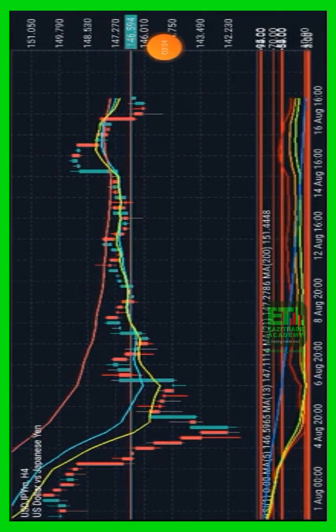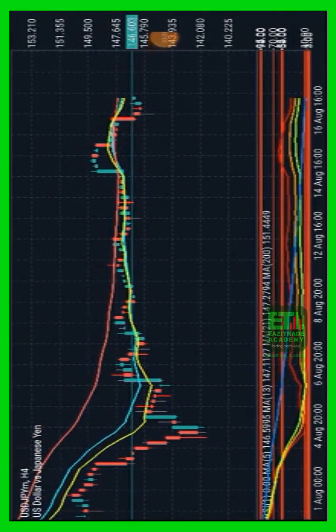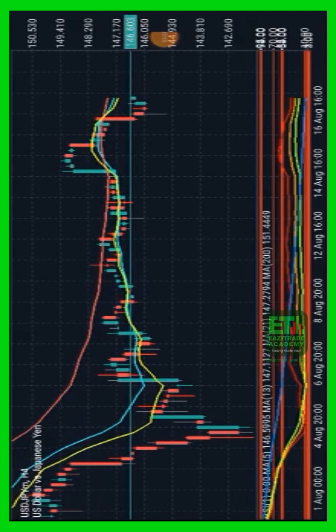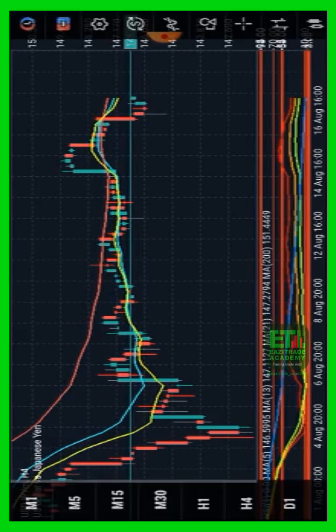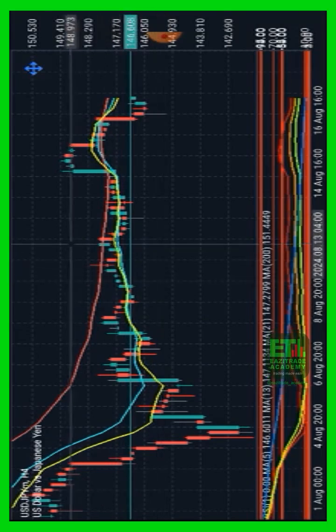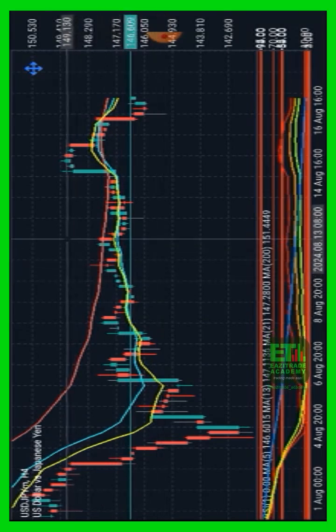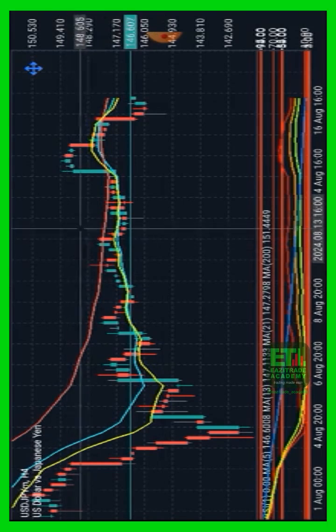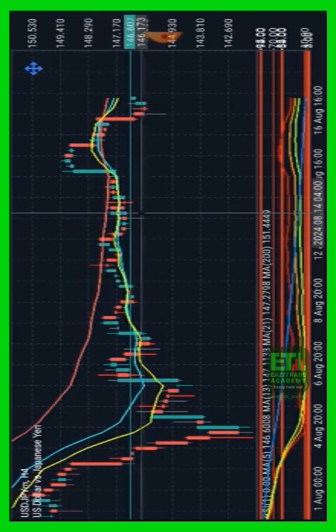This shows that the market is on a downtrend. It wanted to start an uptrend, but couldn't go above this particular resistance. There's a resistance in that area, hence the decline.